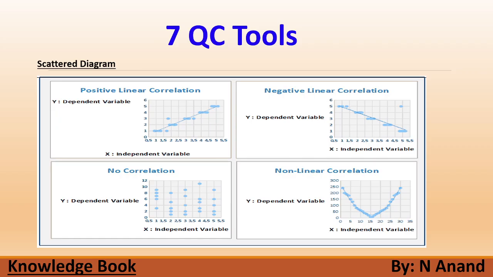Then third is no relation. Here there is no relation of all the points in the x-axis and y-axis, and here is the linear relation between the x-axis and y-axis. By this we can take the actions on whether our process is stable or not.